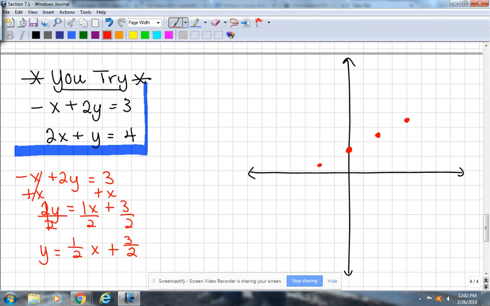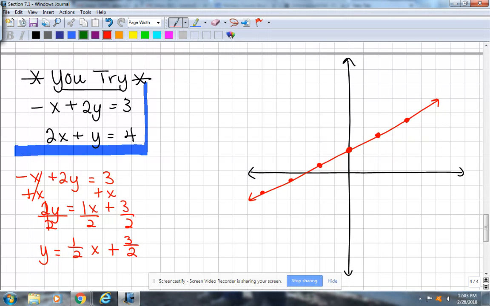And then I'm going to go the opposite direction. And there's my first line. Mine's a little crooked, but I think you can tell where it's supposed to go. So there's my red line.